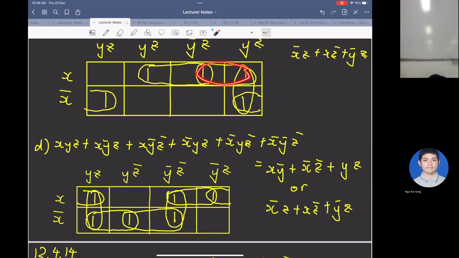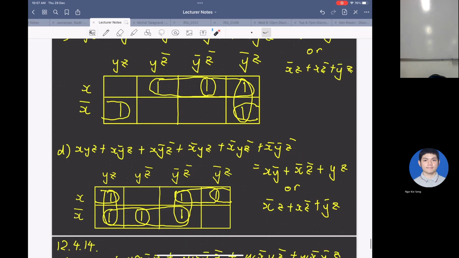If you don't pick that block, then you will miss one of the ones. So first, in the minimization, you should pick all the essential primes. For example, you should pick this one and this one first. For these two, you can pick either one to cover this one. Make sense or not?